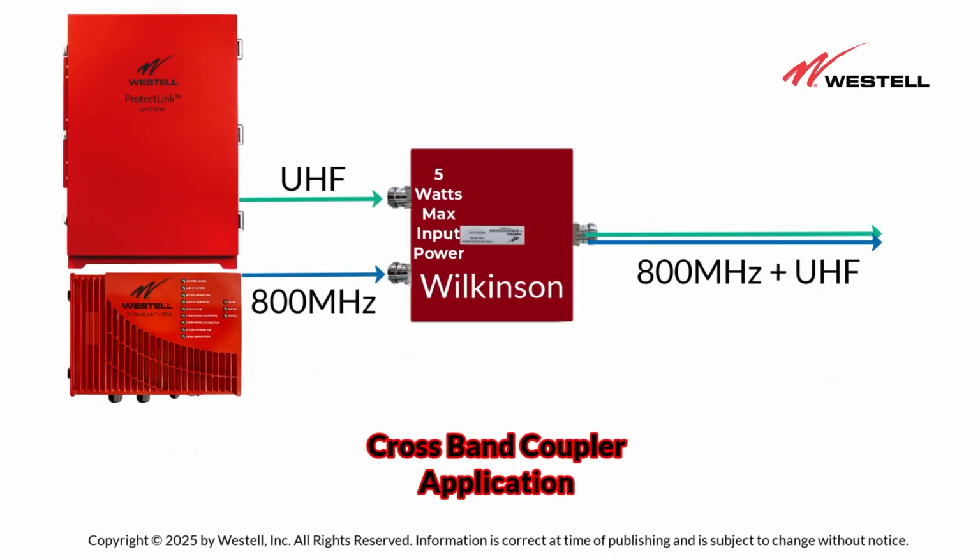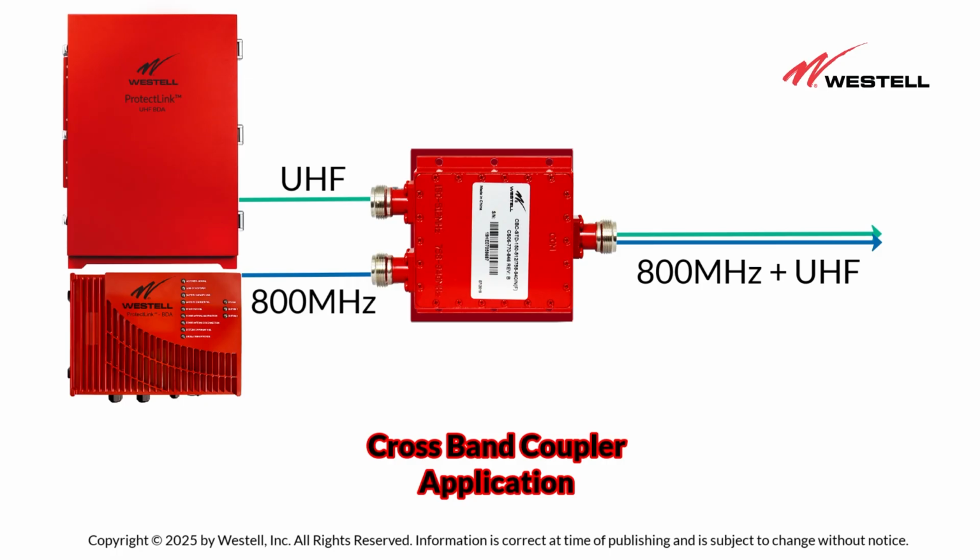In another episode of Passive Components for Inquiring Minds, we discussed how an equal power divider was used to combine a UHF and an 800 MHz signal source, and noted that there are more effective devices for this task. A crossband coupler is one such device, as it can handle higher power levels with less loss compared to an equal power divider.